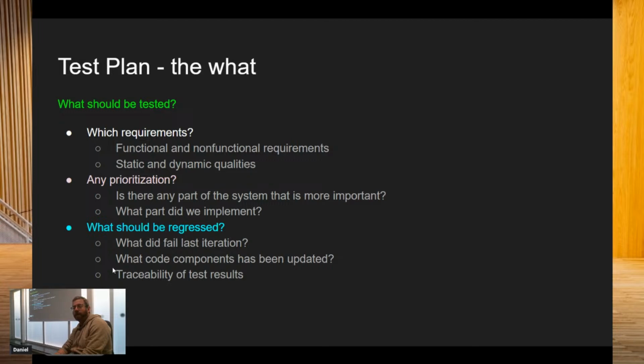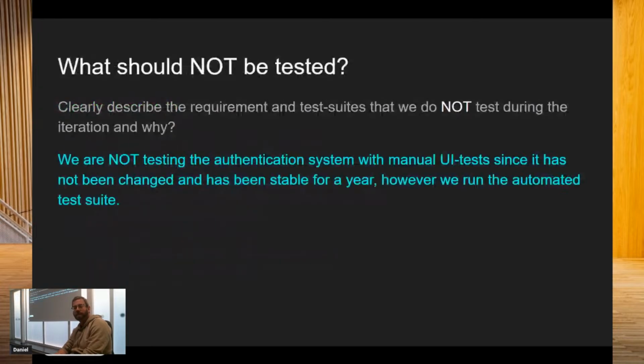If we have updated a code component, of course we're going to regression test that again. And we want to have traceability of test results so that we understand what components we should look into to fix these problems.